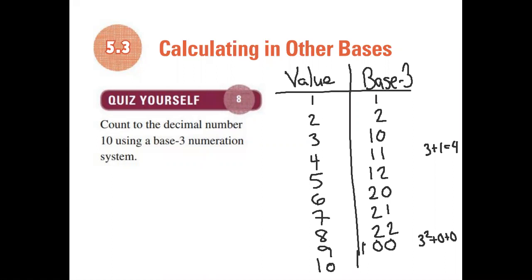And a 10 then is 1 base squared, 1 unit, none of the 3s. So counting in base 3, we have 1, 2, 10, 11, 12, 20, 21, 22, 100, 101.